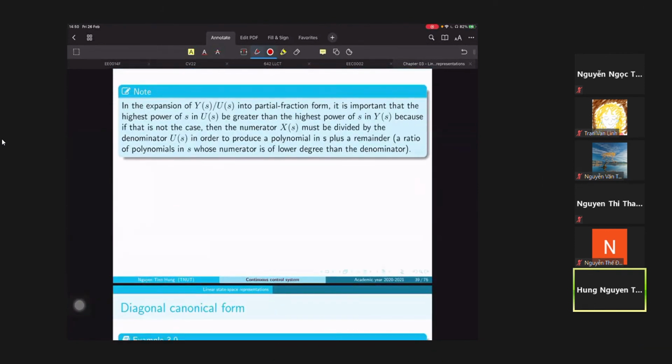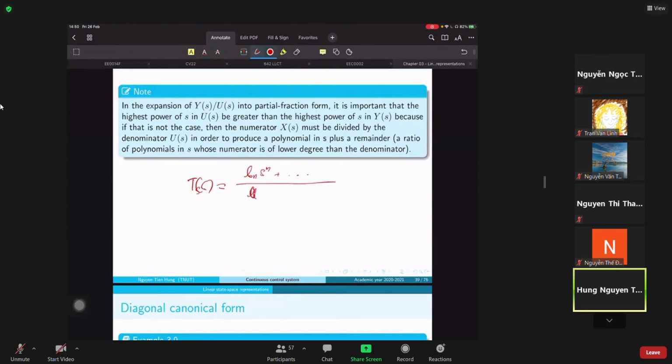Another note here. Here we have something about T(s) equal to bn s^n plus, and here we got an s^n plus.